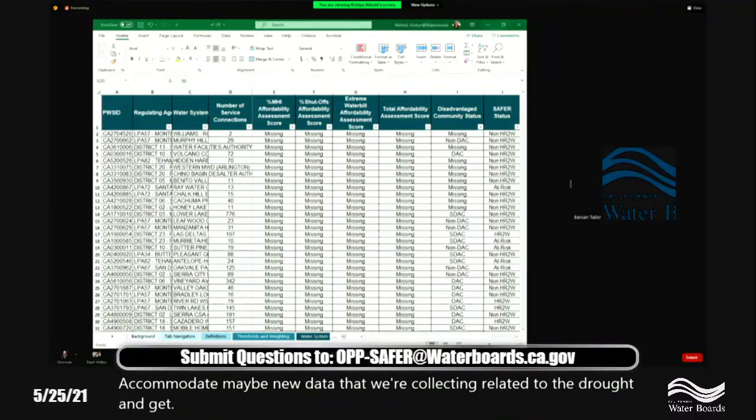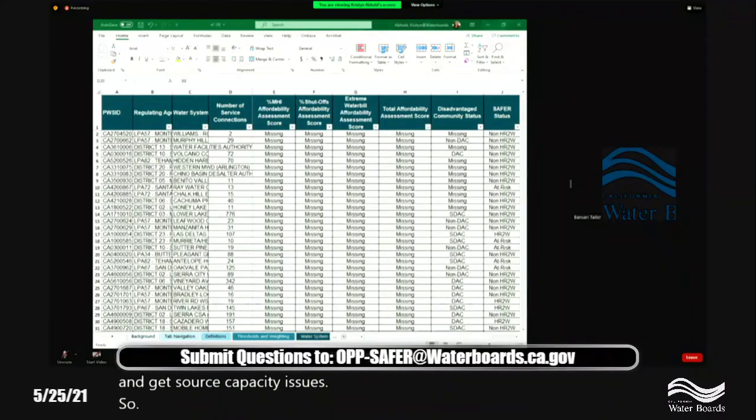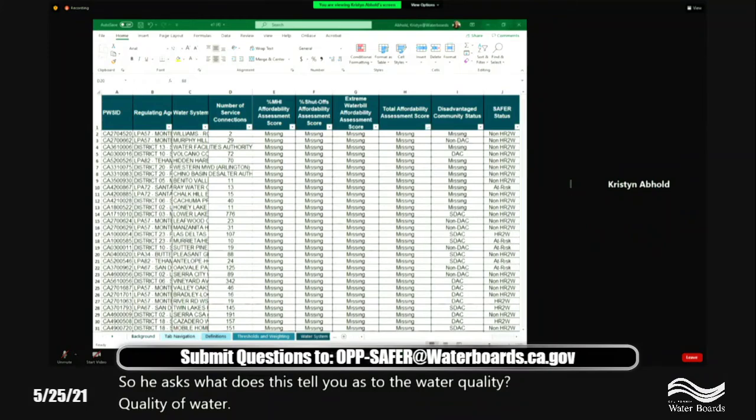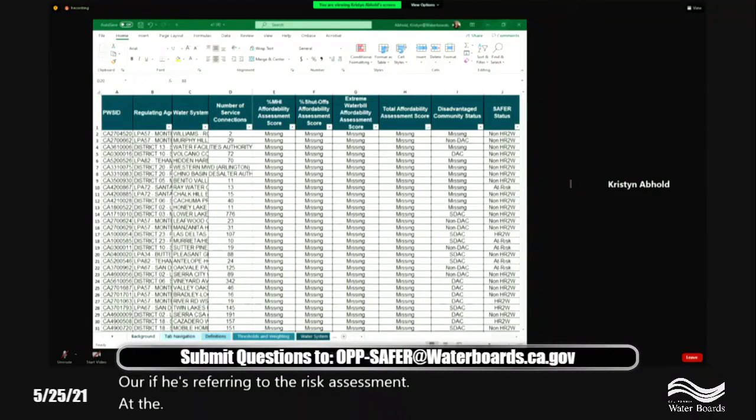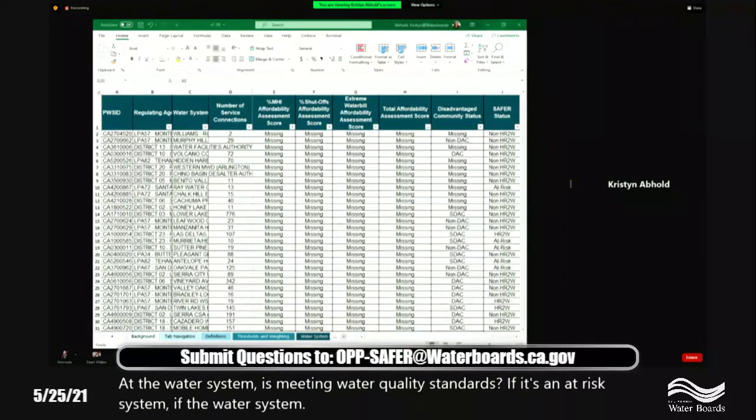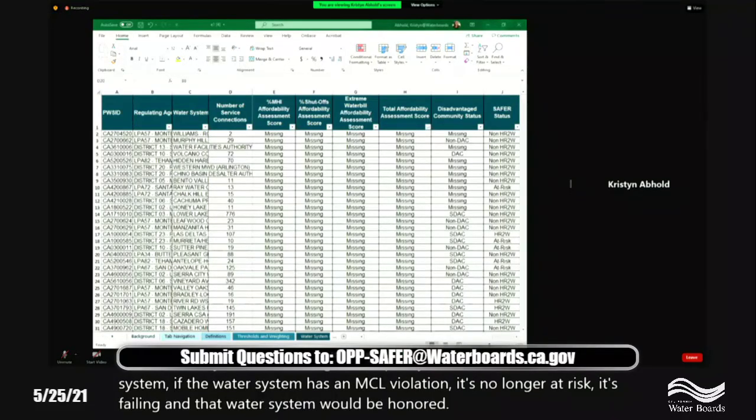So he asks, what does this tell you as to the water quality of water? If he's referring to the risk assessment, the water system is meeting water quality standards if it's an at-risk system. If the water system has an MCL violation, it's no longer at risk, it's failing, and that water system would be on our human right to water list.